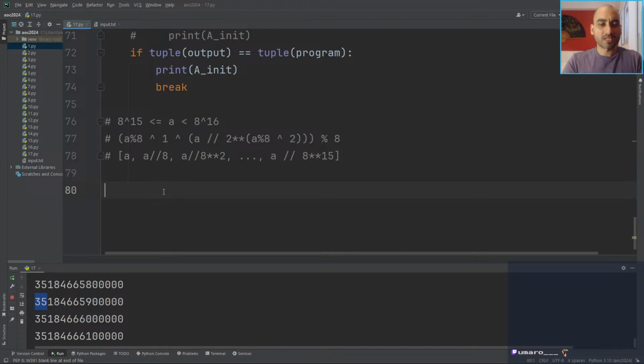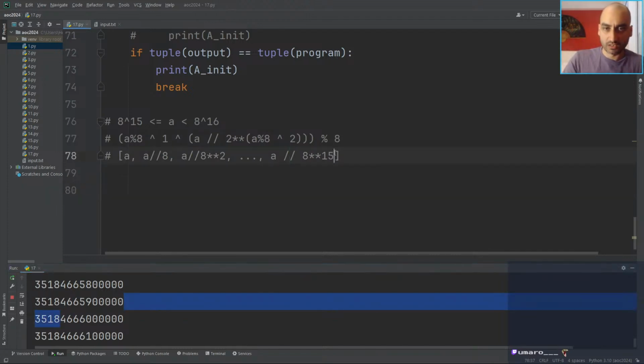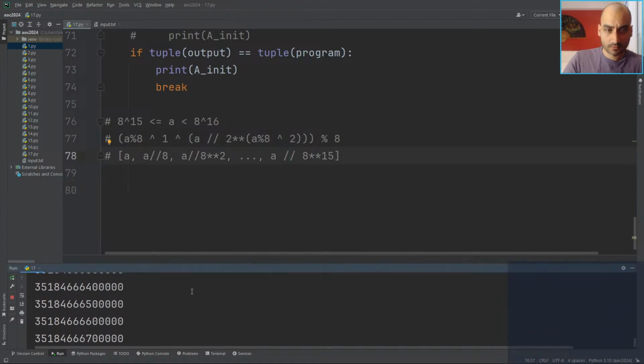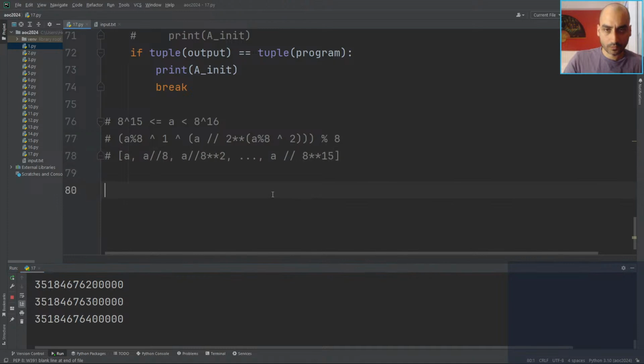Wait, no, this is decimal. We're talking about binary here, aren't we? Okay, fine. We can work out what the first 3 binary digits are.